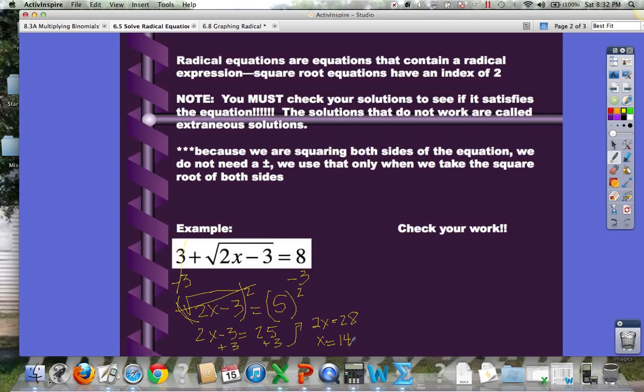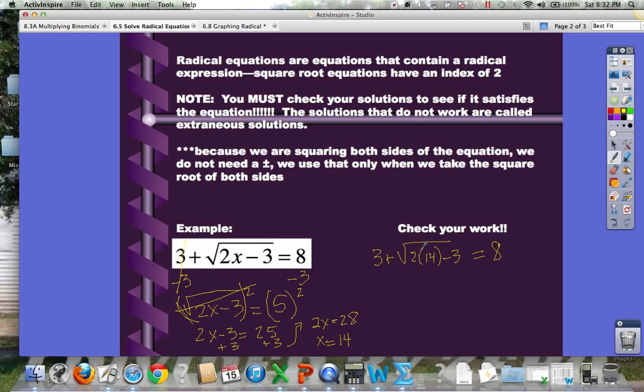Now again, you must check your work on these, because sometimes this answer will not be true. So we're going to put it into the original equation, 3 plus the square root of 2, and instead of the x, I'm going to plug in a 14. Now you'll notice I'm using parentheses, and I stress very strongly that you do the same, because of the problems that you've seen when we were doing the quadratic formula.